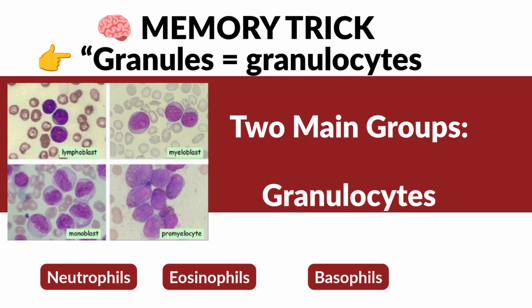Eosinophils are involved in parasitic infections, asthma, and allergies. Key findings: orange-red granules and a bilobed nucleus. Eosinophils help fight worms and wheezing. That's a memory hack for you.